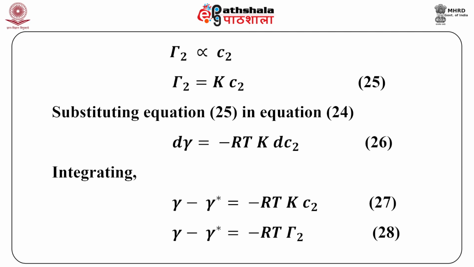Substituting equation 25 in 24, we get d gamma equals minus RT K dC2, as equation 26. Integrating equation 26, we get gamma minus gamma star equals minus RT K C2, as equation 27, or gamma minus gamma star equals minus RT gamma 2, as equation 28.